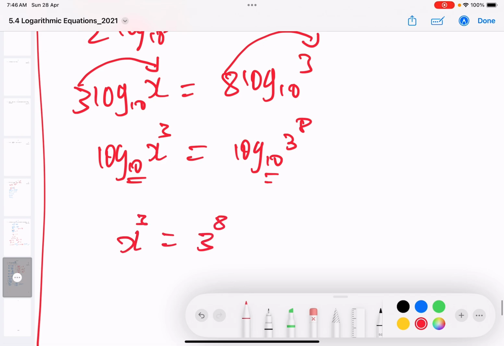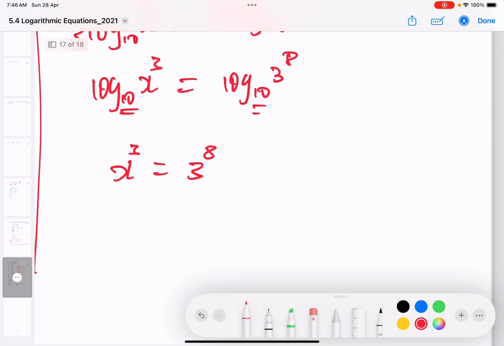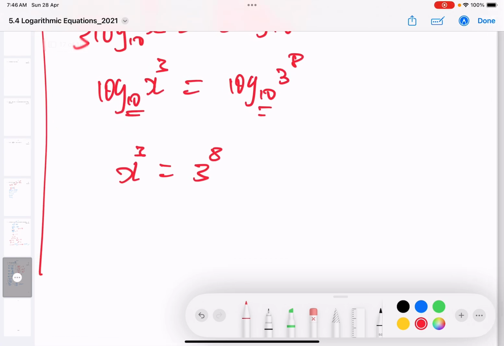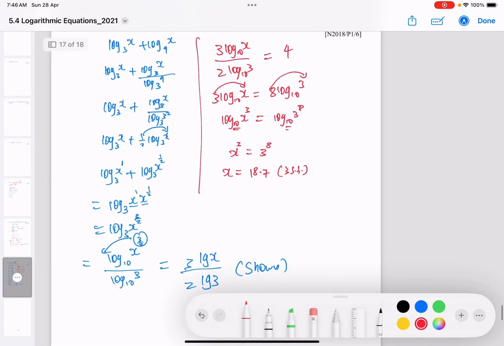X to the power of 3 is equal to 3 to the power of 8. So we can cube root both sides, and I'm going to get x is equal to 18.7, to 3 significant figures. Alright, so this is how we would do this question.